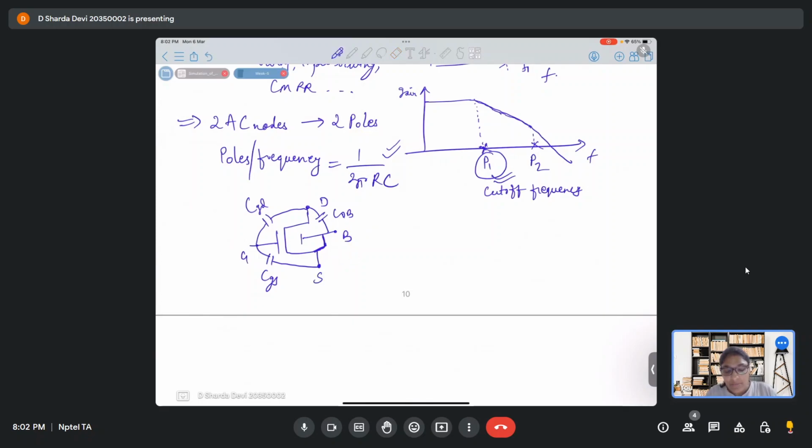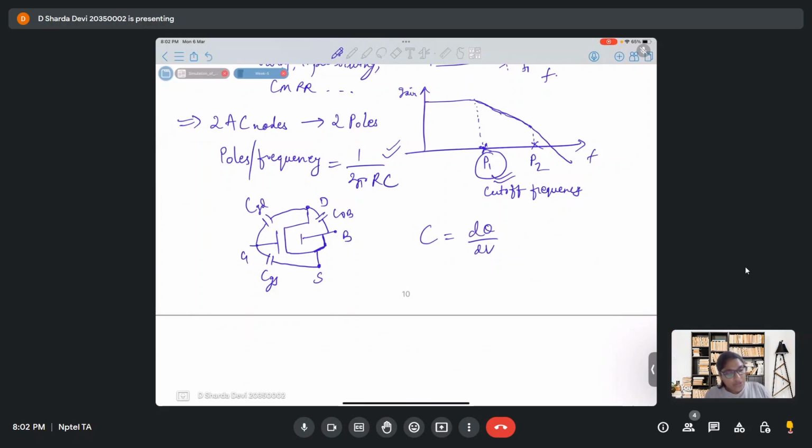So that's why you will never see CSB. Why? Because C is dq by dV, right? Change in charge with change in voltage. But if 2 points are at same potential, there is no dV. तो C का तो कॉन्सेप्ट ही नहीं आता है ना. ये क्लियर है? Is this clear? Why CSB is 0? Yes, ma'am. Yes, sir.